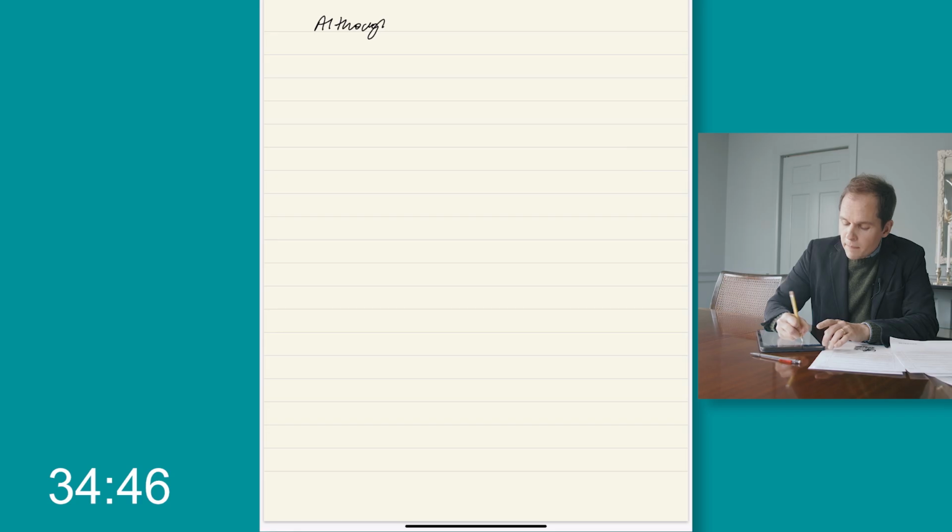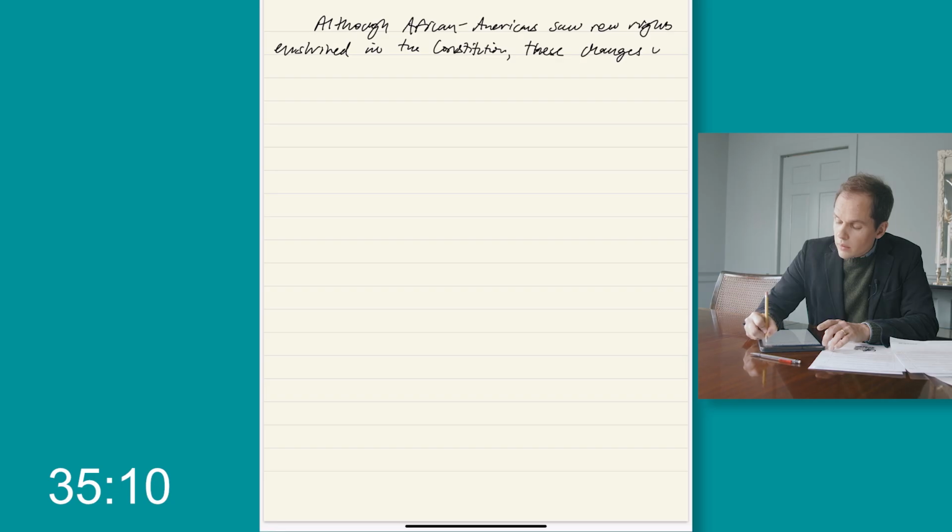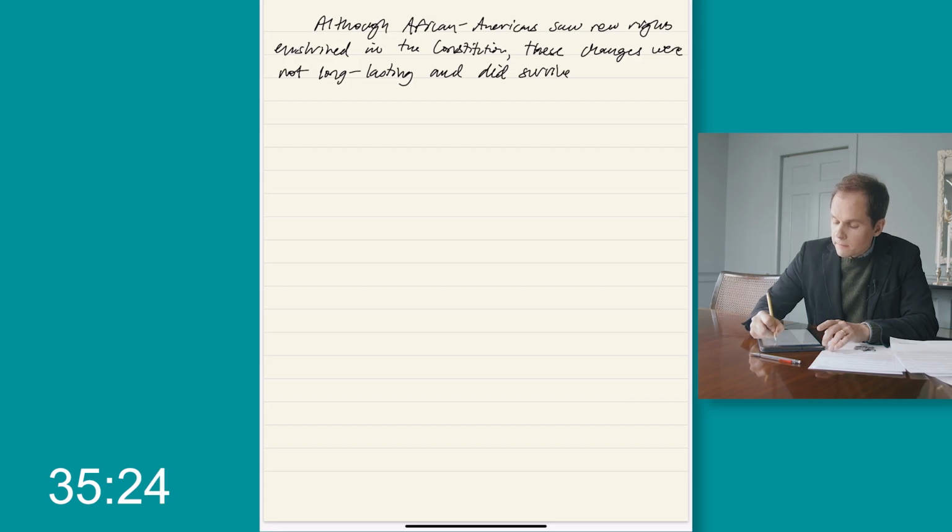So I'll say, although African Americans saw new rights enshrined in the Constitution, these changes were not long-lasting and did not survive, and were challenged almost immediately.